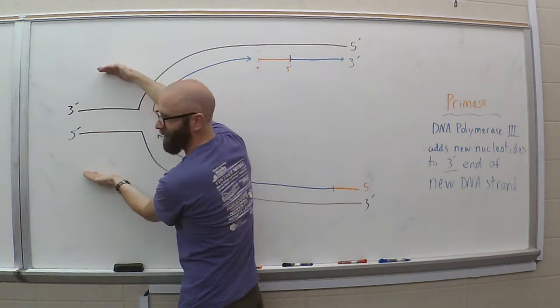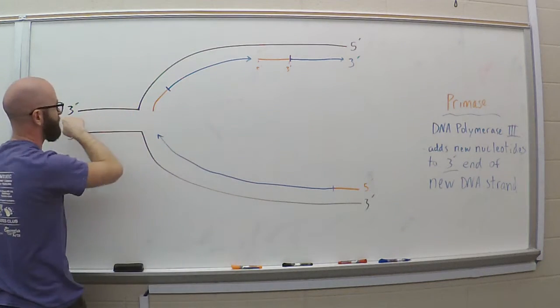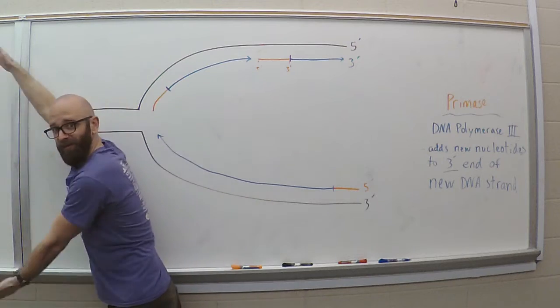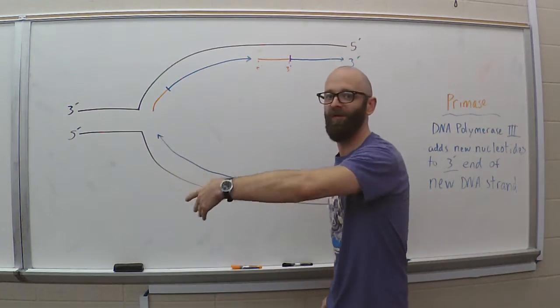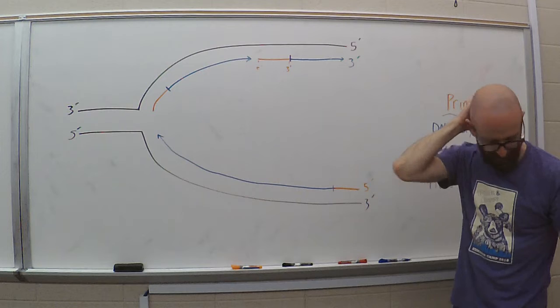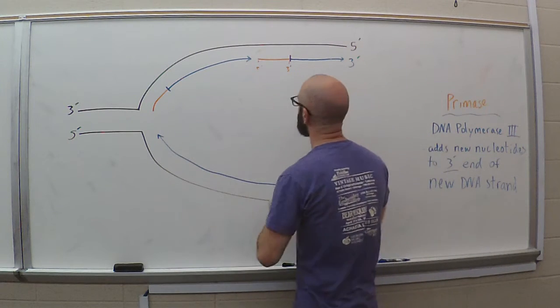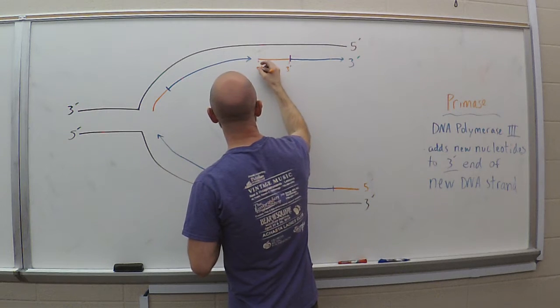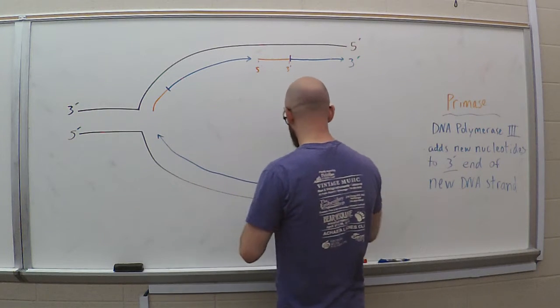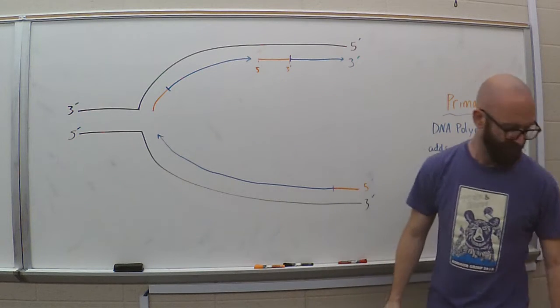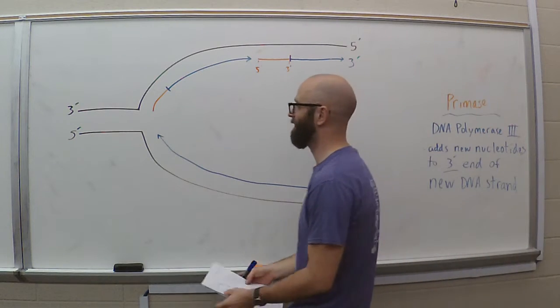So this will get opened up a little bit more, another primer lays down, goes back a little bit, and then it gets opened up a little bit more, and so on and so on. And so these fragments that are made happen along the entire length of the piece of DNA that's being replicated.